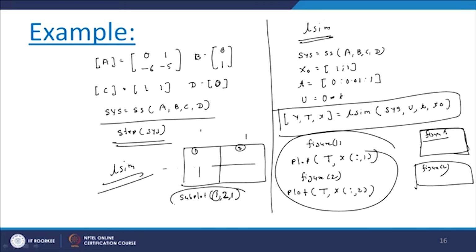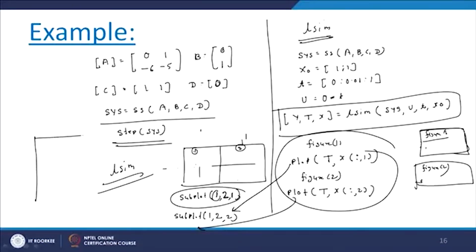If you write this command and after that write the plot, you will get the result printed here. And if you want another result, subplot 1, 2, 2 means 1 row, 2 columns, and the second position, and again if you write the plot command, you will get the result here. That means we can plot the results in the same window or a different window.